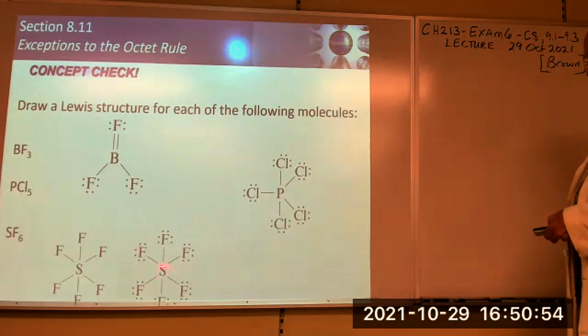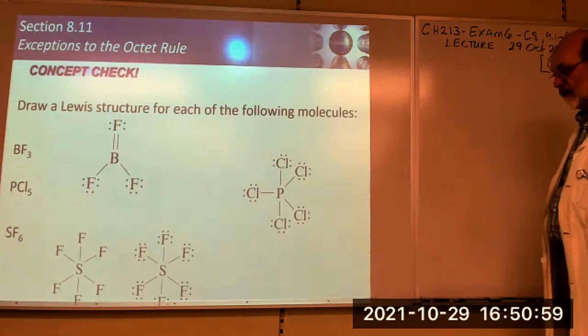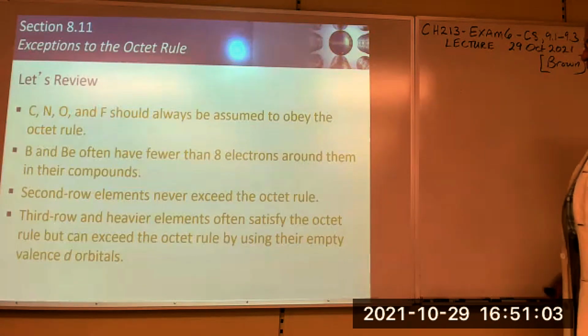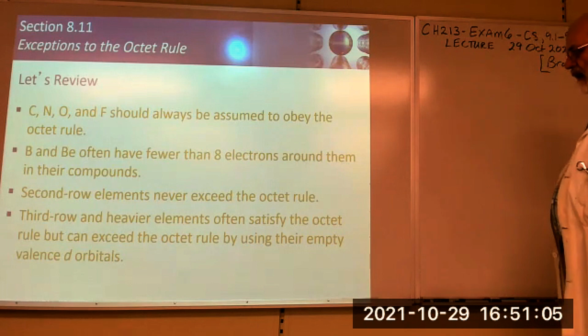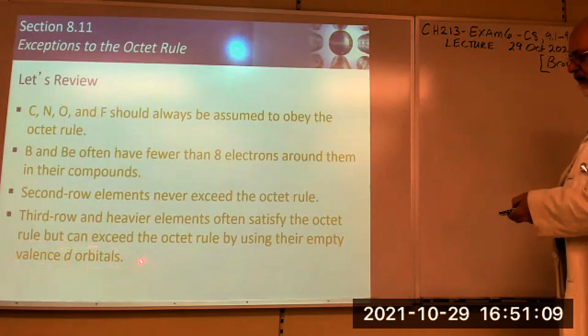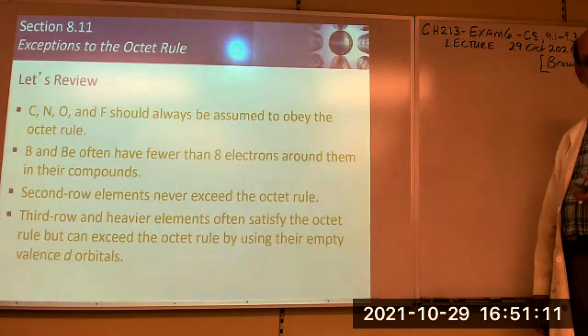Exceeding the octet for sulfur, by quite a bit, actually, the 12 electrons around sulfur. Okay, these are review statements, and they make the point that the d orbitals being available allows us to exceed the octet.